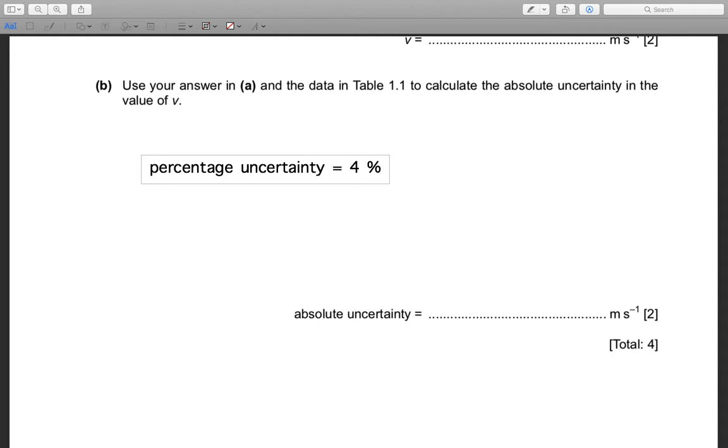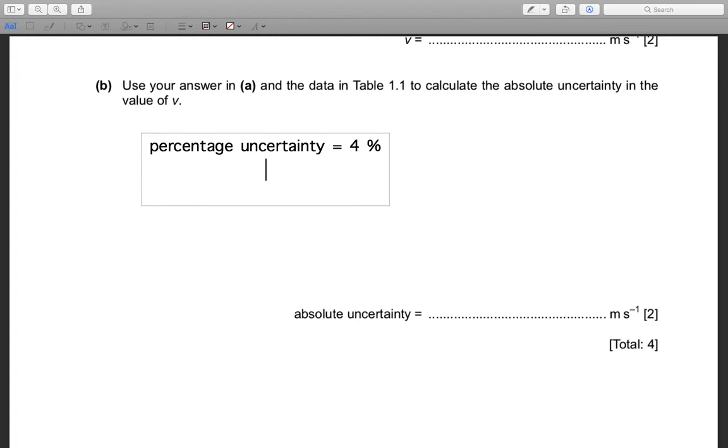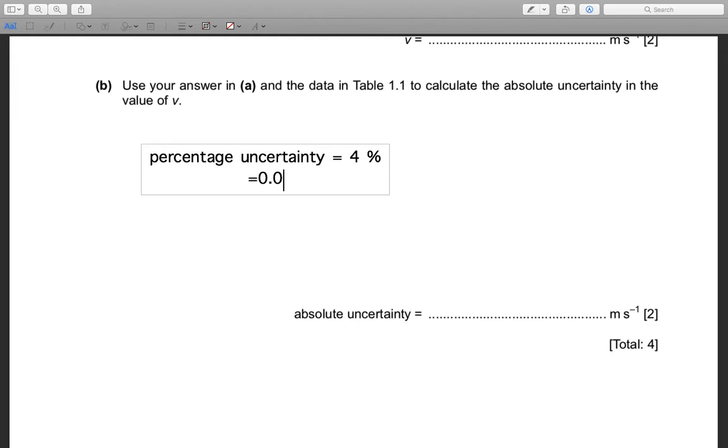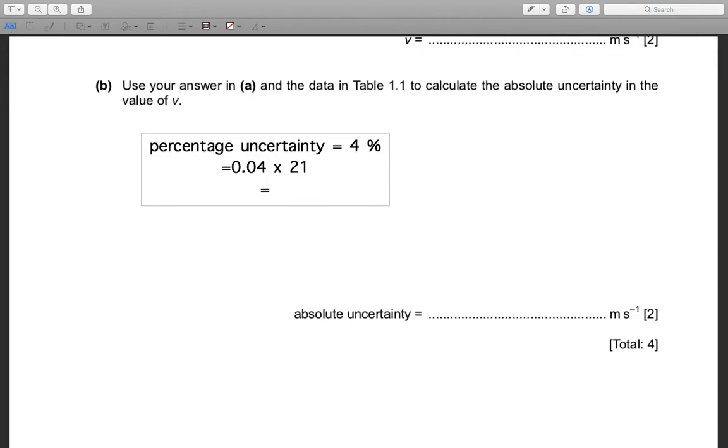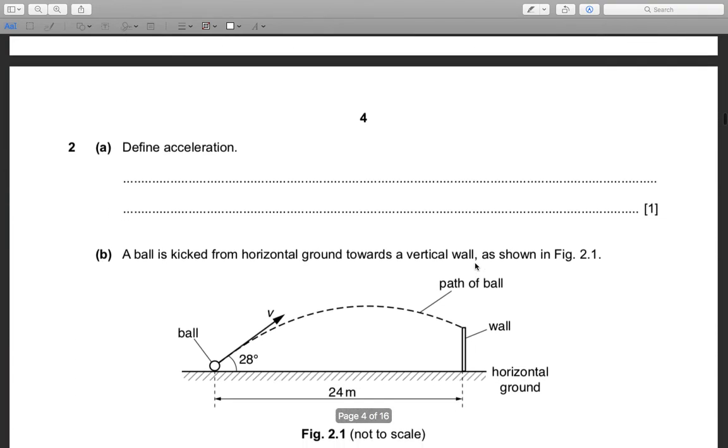It's 4% of the velocity, so we get 0.04 times 21, which is around 0.8 meters per second. So finally the answer is 0.8 meters per second. Continue to the next question.